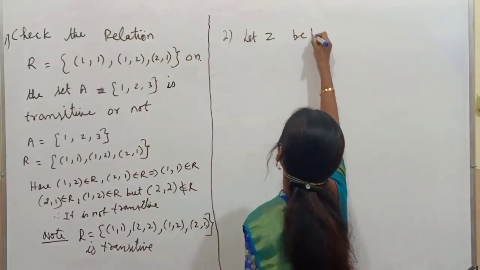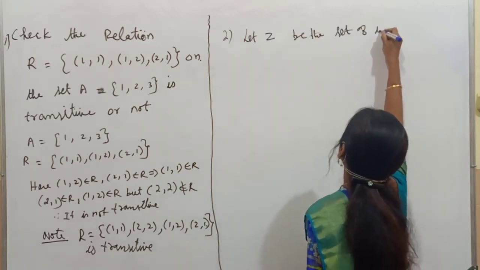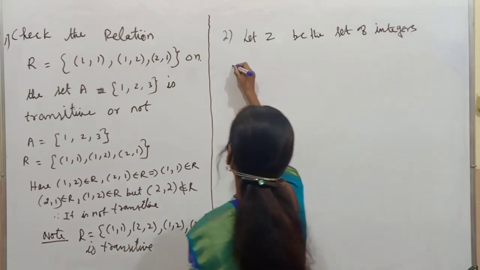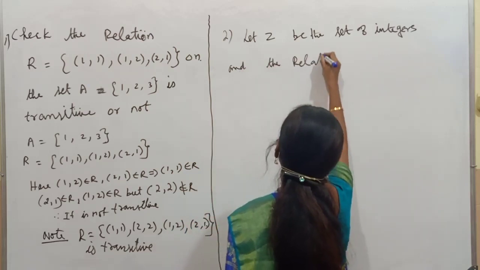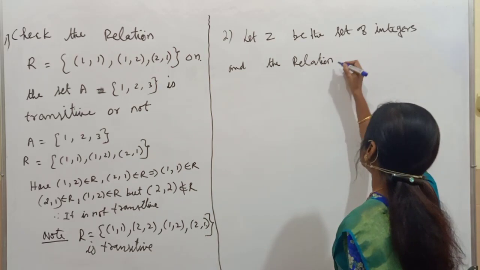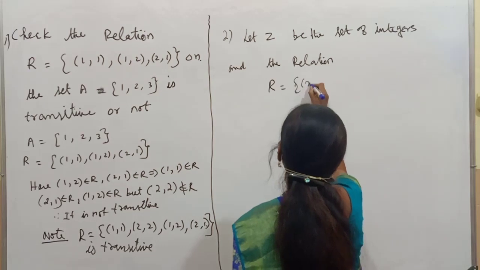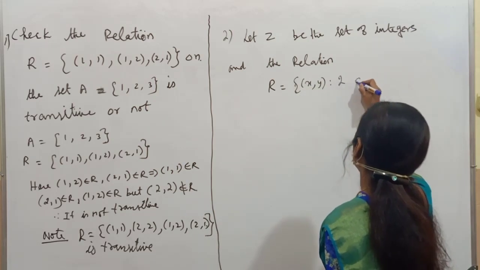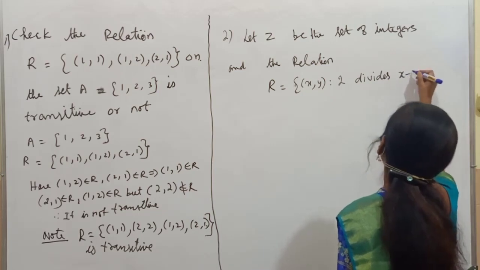Let Z be the set of integers and the relation R = {(x, y) such that 2 divides x minus y}.